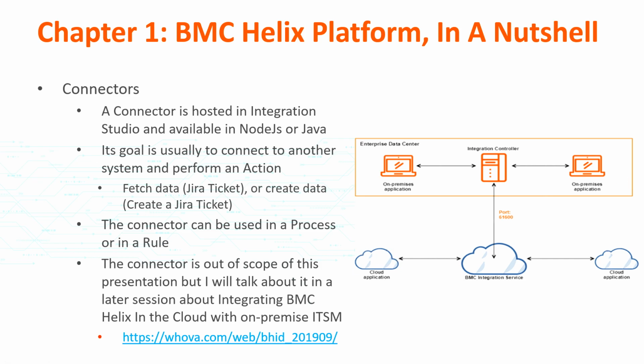And let's say you want to get some Active Directory information, some ITSM information, some Jira information from the cloud. So you would have to ask your security team to open a port between the cloud and Jira, the cloud and Active Directory, the cloud and ITSM. It could be a problem.